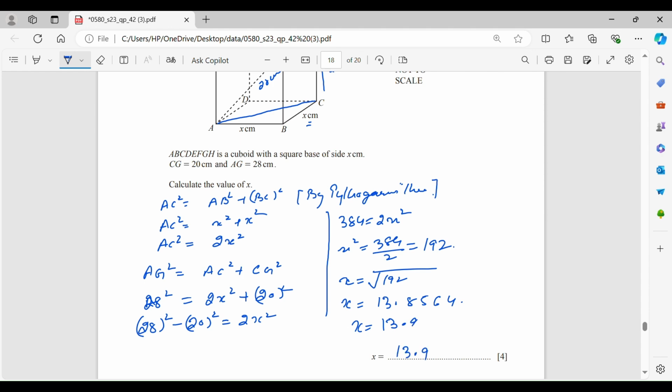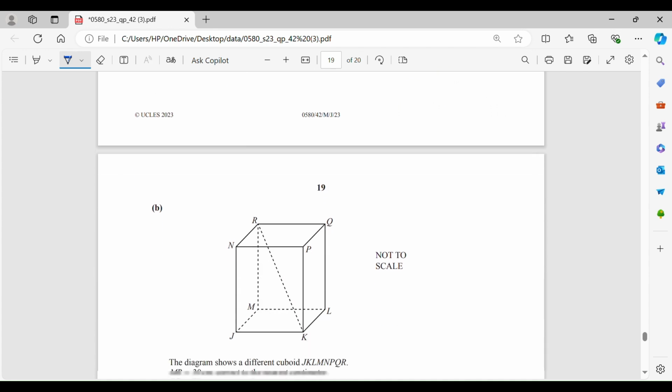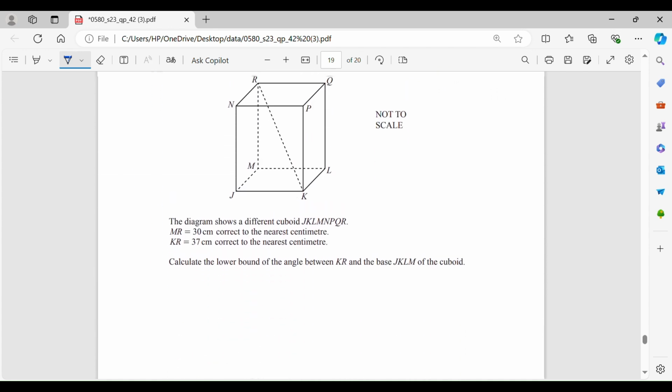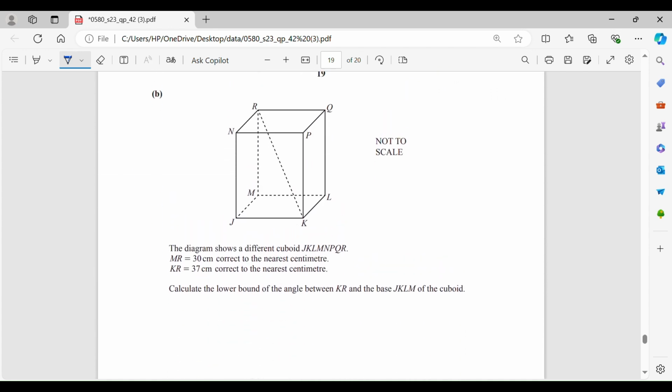Right? So next question, B part. B part is the diagram shows a different cuboid J, K, L, M and P. MR is equal to 30 centimeter corrected to the nearest centimeter, and KR is 37 centimeter corrected to the nearest centimeter. Calculate the lower bound of the angle between KR and the base JKLM of the cuboid.